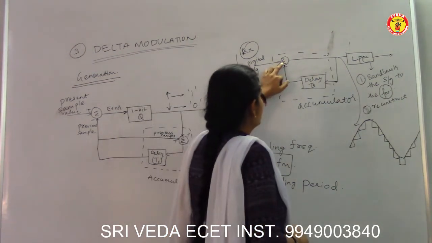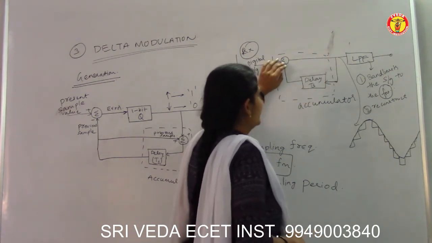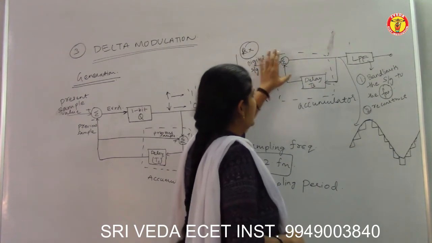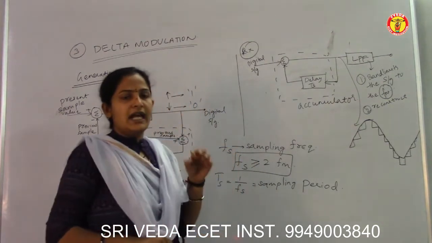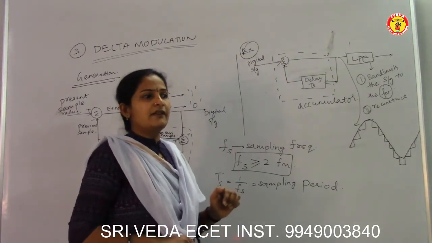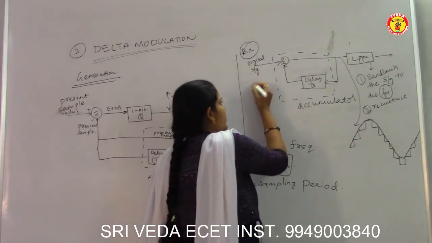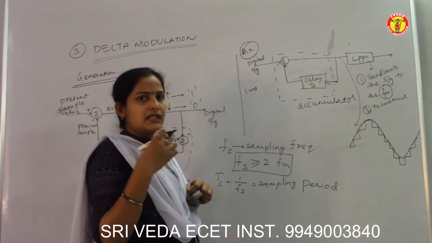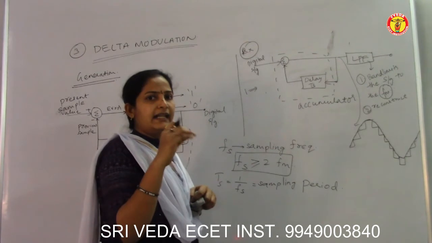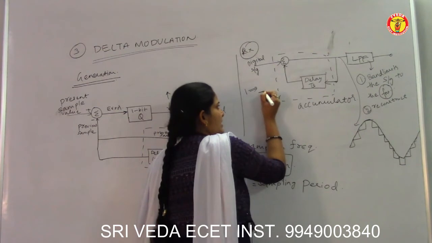First of all, the digital signal is fed to the summer, and also the previous sample value, which is delayed, is fed to it. Based on these two inputs, a staircase is generated. If my digital input is 1, I assume my present amplitude level is greater than the previous sample value, so I generate a step greater than the last one.